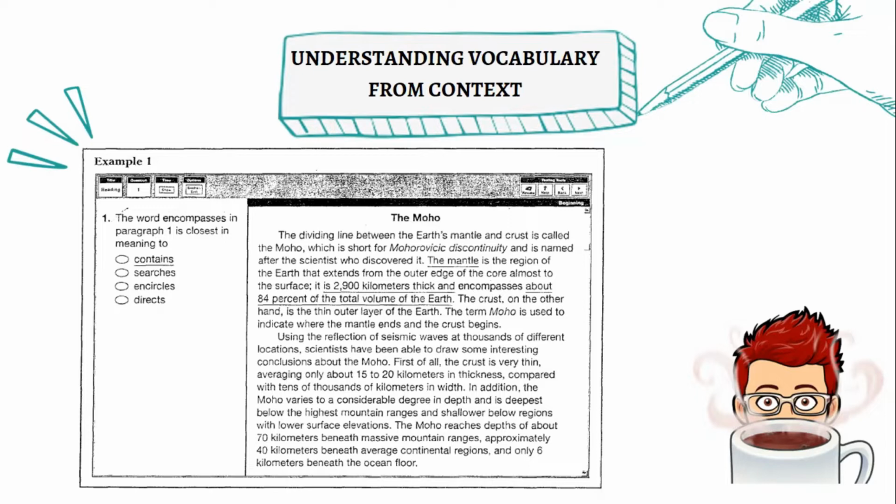So the idea here is this is a specific vocabulary question. Everything that you need to understand that word is in that specific paragraph, in that sentence, to be even more specific. So if you read that paragraph, if you read that sentence, and you have no idea what that word is whatsoever, you answer something and you move on. Don't waste your time with these kinds of questions.